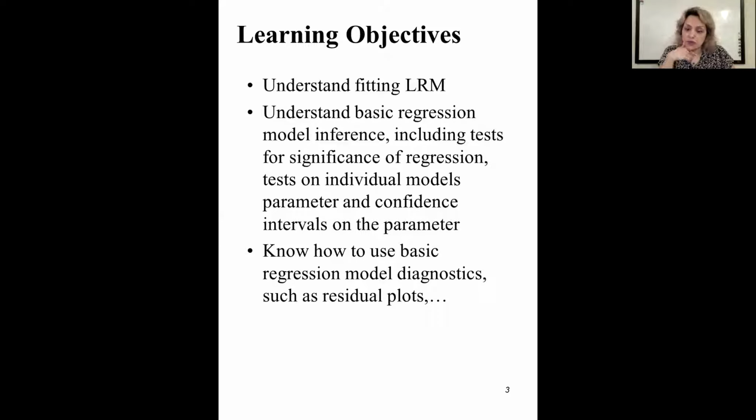Then there are tests on individual model parameters, like beta 1, and also the confidence interval. This is the inference that we would have on the parameters. Another learning objective is to know how to use basic regression model diagnostics, such as residual plots and other types of residuals that we would have.